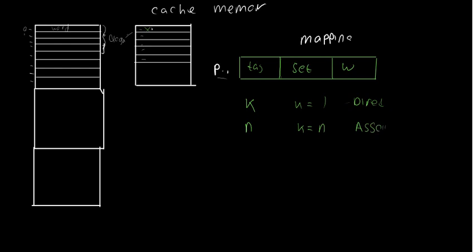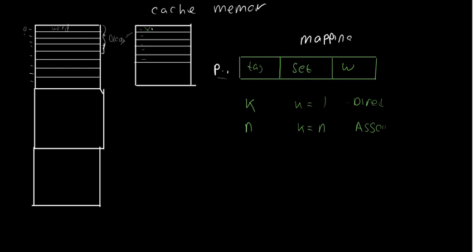Because remember, all we know is that this item will go into this set, but we don't care about the line where we put it in. If we only have one line in that set, meaning there can only be one block at a time in that entire set, it's the same as direct mapping.